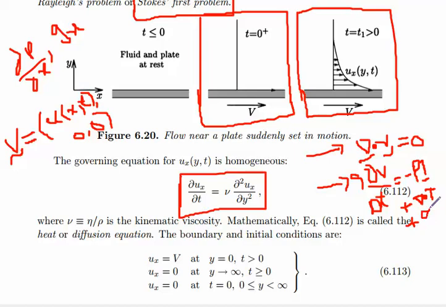So this is called the conservation of momentum in fluid dynamics.